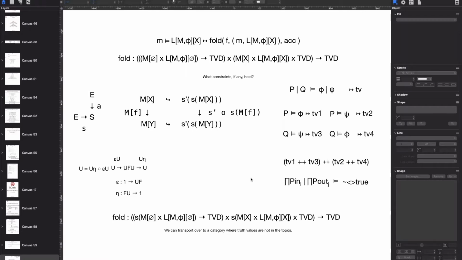So as before, I was talking about the fold mechanism, and there are a couple of things I want to point out about that.